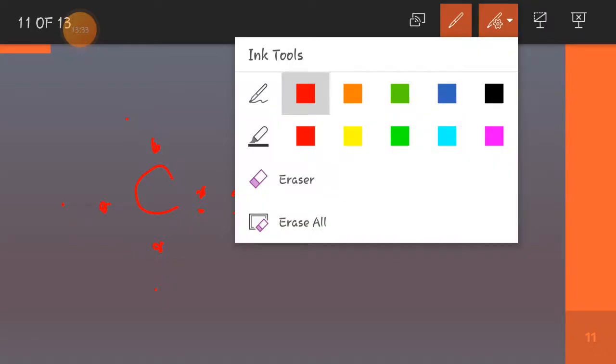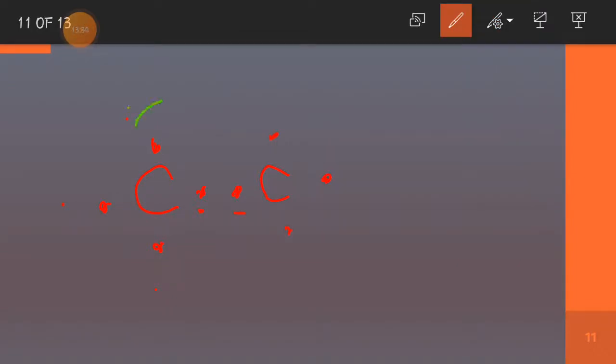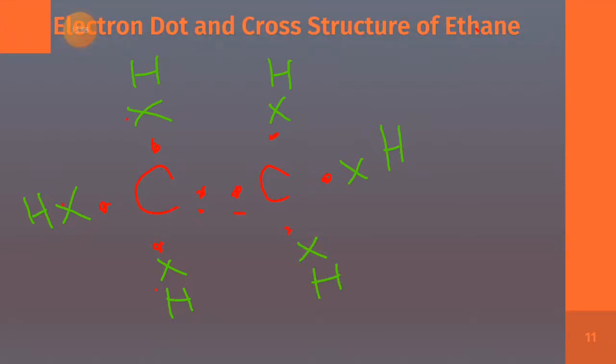Now we will draw the electrons of the hydrogen atom, and we will represent the electrons of the hydrogen atom with a cross. Now we will just arrange the hydrogen atoms around each carbon atom. So this is the electron dot and cross structure for ethane.